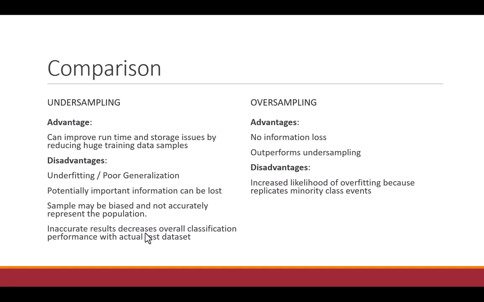So I can't use new model data really easily. If I undersample, the problem is because I'm underfitting naturally, I'm losing data. It may bias my sample, and therefore it's not an accurate representation. And finally, the end result is simply I'm not classifying as it should be. The data just is not representing what's actually there.